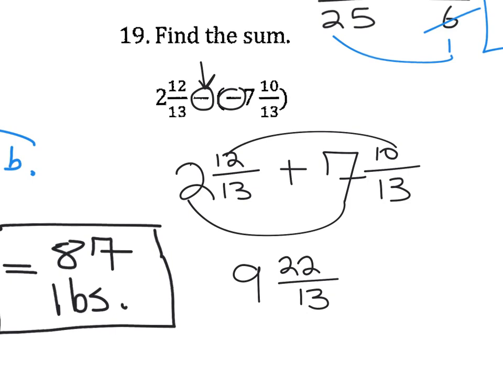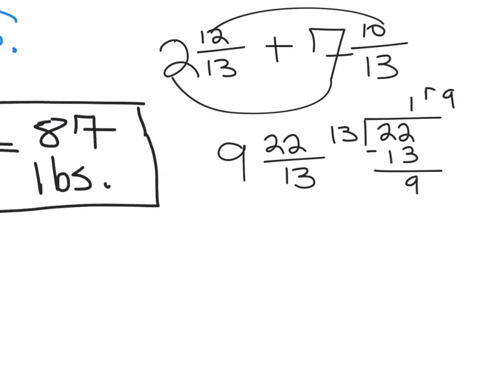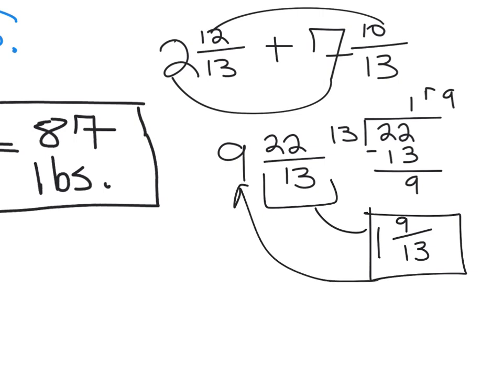At this point, I'm going to change 22 over 13 and make that a mixed number. Okay, and then I've got 1 and 9/13 as my mixed number. And I need to add that mixed number to my original whole number. So my answer is 10 and 9/13.